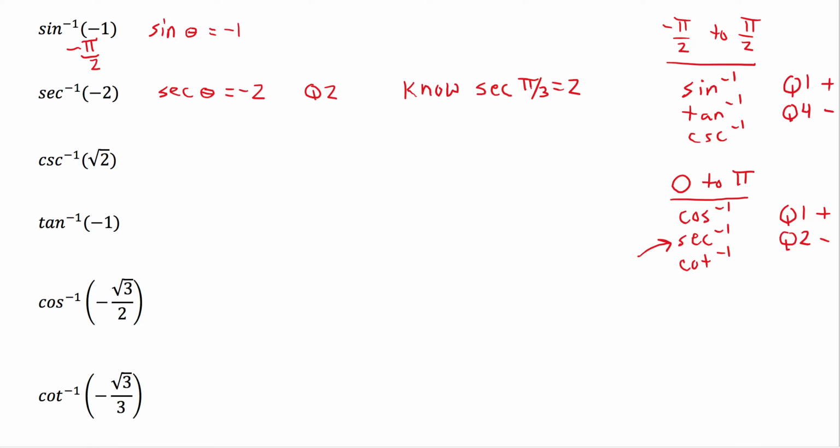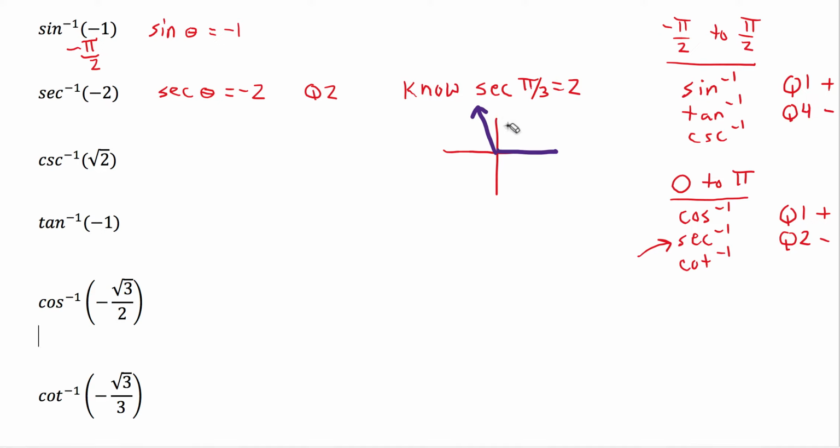So now all I need to do is to take that pi over 3 angle, which is here, and flip it over into the second quadrant. So mirroring it over, my angle goes there.